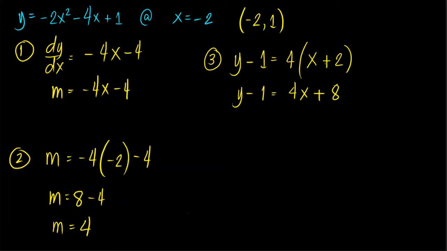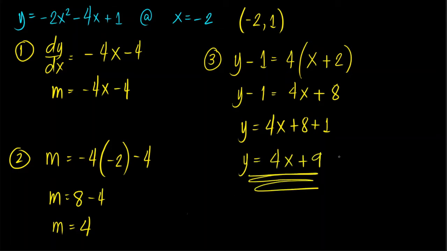Transpose negative 1, that becomes plus 1. Finally, y equals 4x plus 9 is the equation of the line tangent to negative 2x squared minus 4x plus 1 at x equals negative 2.